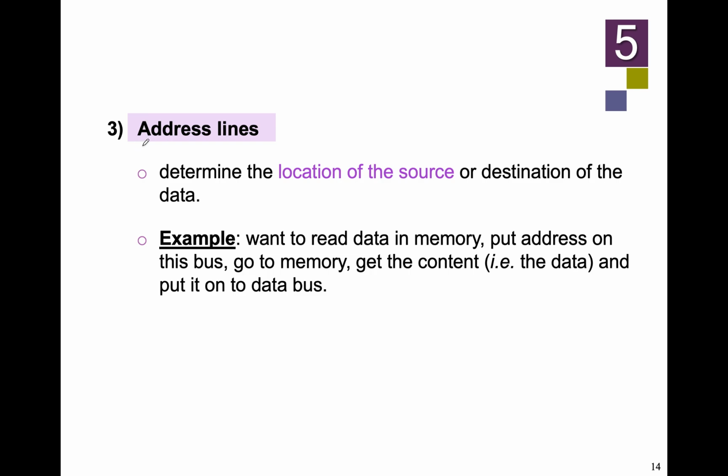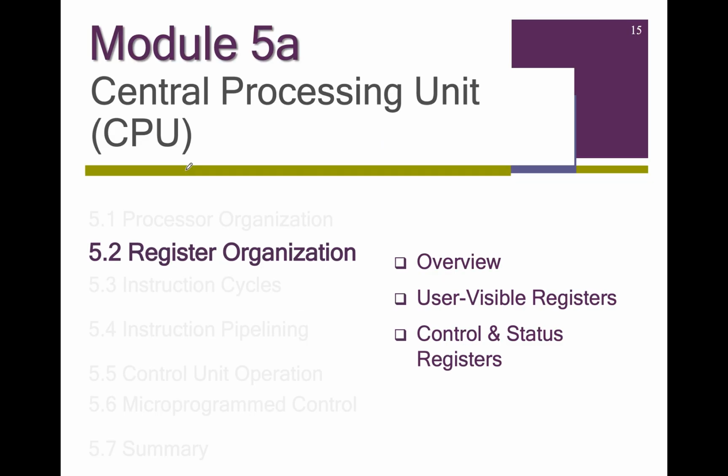And lastly, the address line determines the location of the source or destination of the data. This one is only one way. For example, to read data in memory, put the address on this bus, go to the memory, get the content, and put it on the data bus. This is the example under the address line.